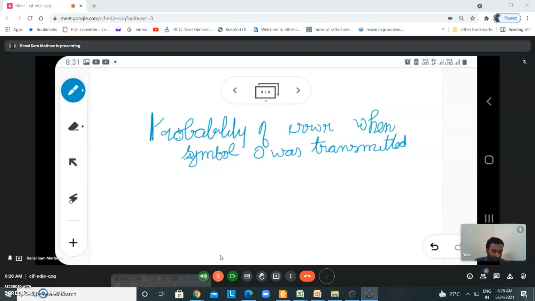I am writing it with the notation P10, which represents the condition when I received 1 when a 0 was transmitted.